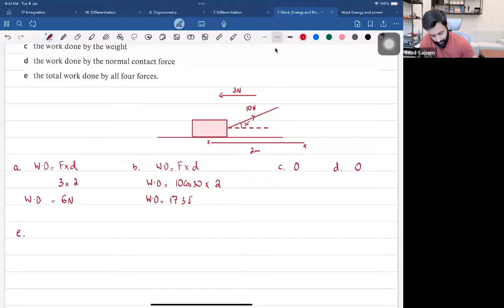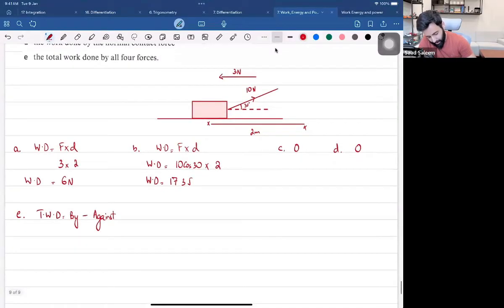So the total work done by all 4 forces, we're going to add them up. And remember, by minus against. So total work done is equal to by minus against.